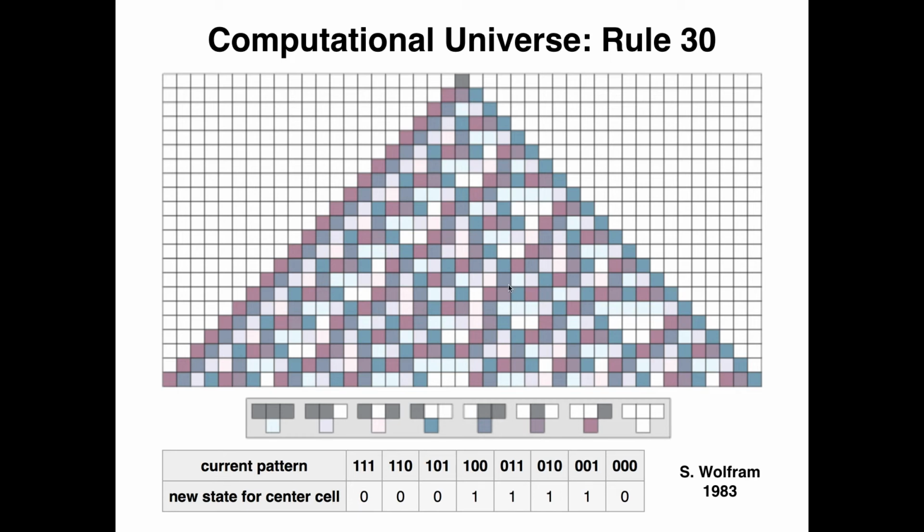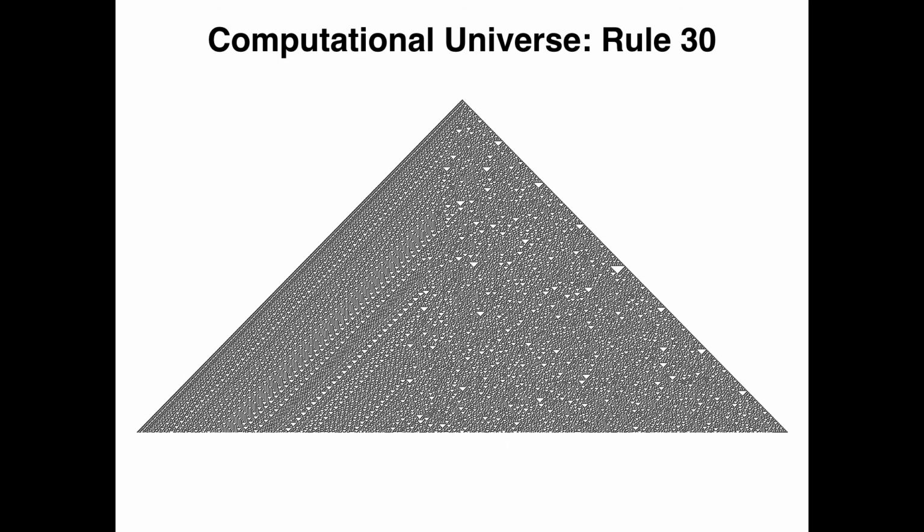And what comes next is really impressive. As I mentioned before, by just these simple rules, you get something that is totally random. In fact, these places are totally random.